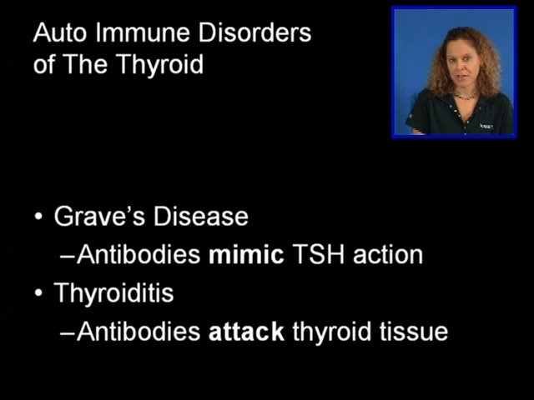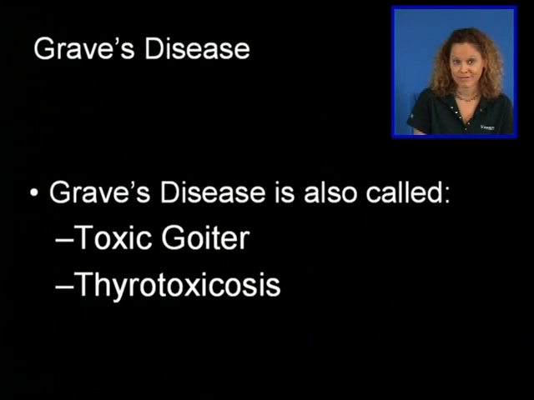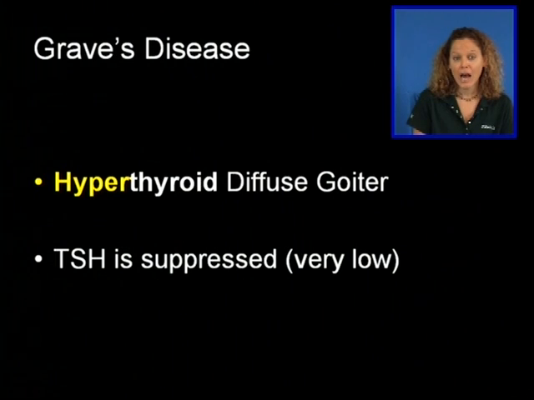Autoimmune disorders of the thyroid include Graves' disease, and in this case, antibodies are mimicking the action of thyroid stimulating hormone. In thyroiditis, the antibodies are actually attacking the thyroid tissue. Graves' disease is also called toxic goiter or thyrotoxicosis. Hyperthyroid diffuse goiter.